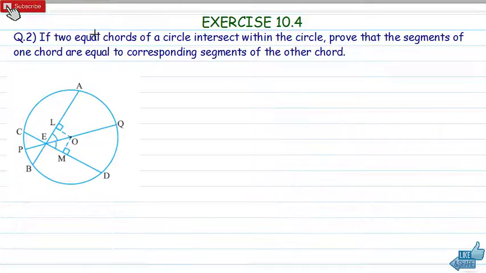So let's see what is given. If two equal chords of a circle intersect within the circle. Now it is given.